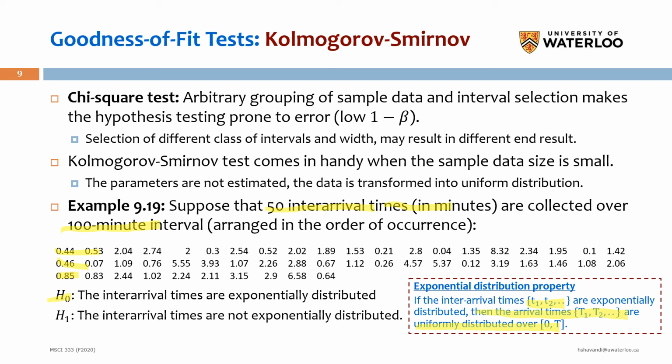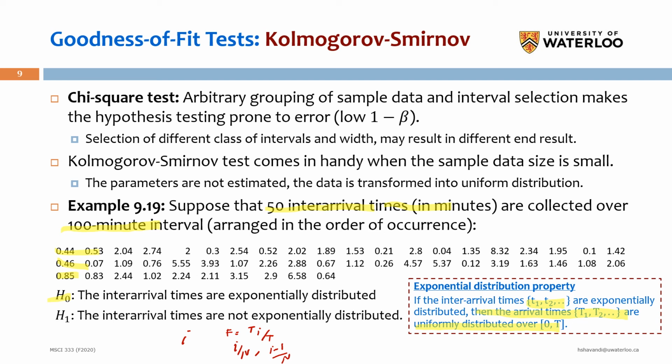For each i, we have the CDF, F, as T_i divided by T, and on the other hand, we have i over N, and also i minus 1 over N, right?